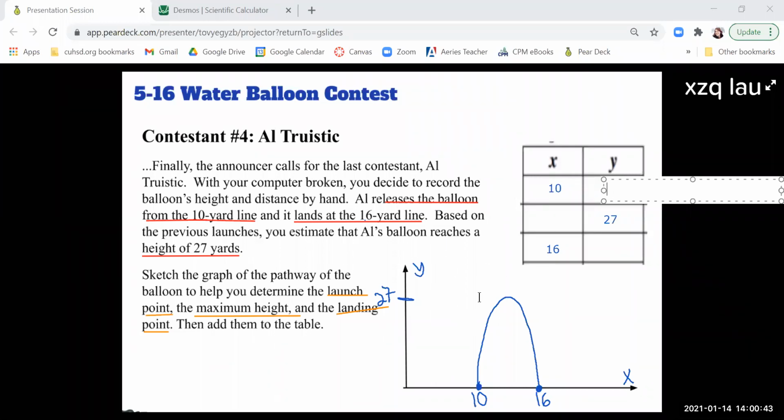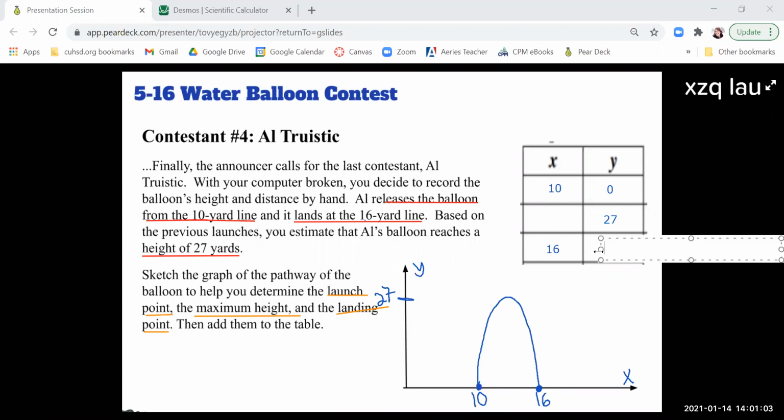When we're on the x-axis, a point right on the x-axis, x is the number, and then y will always be 0. When we launch a water balloon from the ground, the height is 0 because it's on the ground. And then when it lands, the height is once again 0.